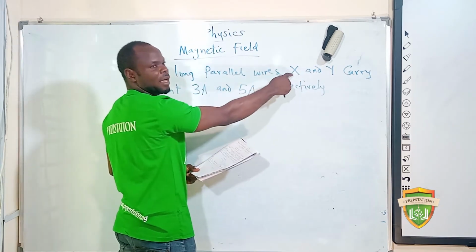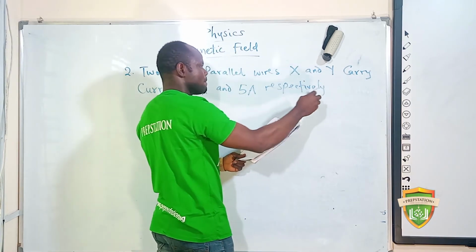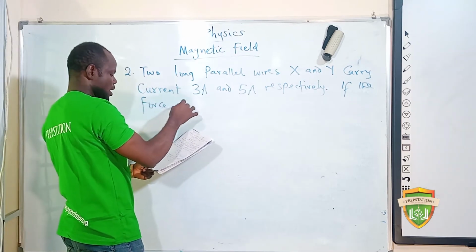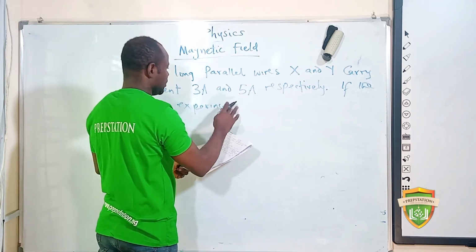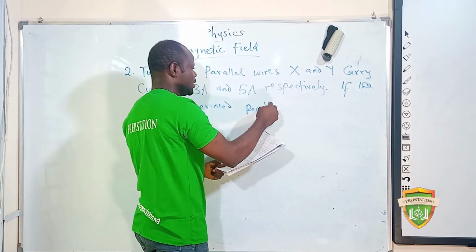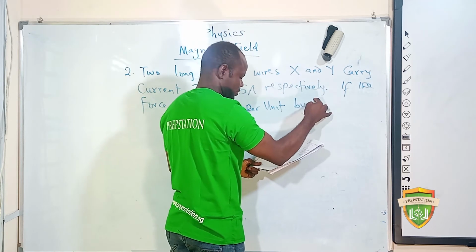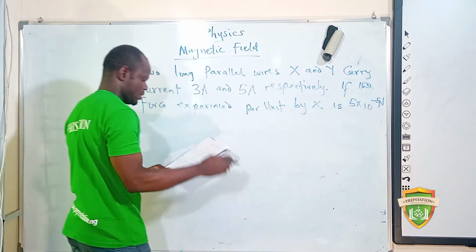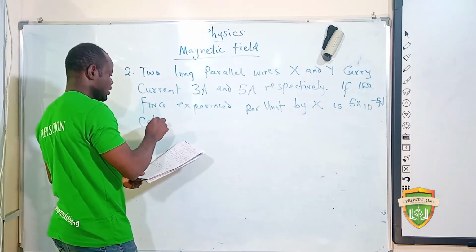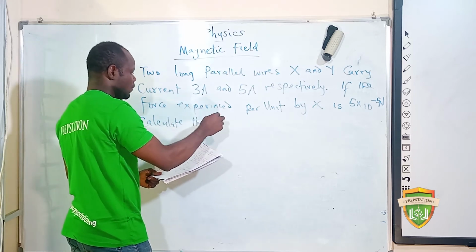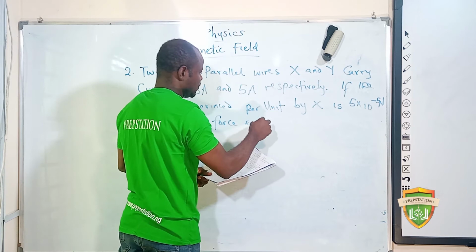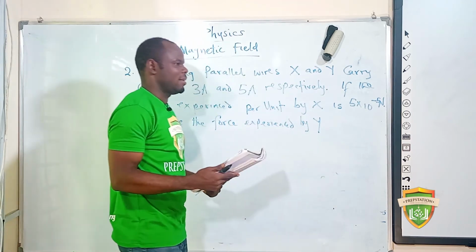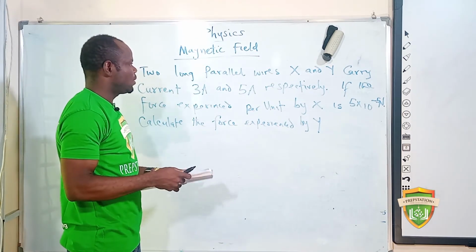That is 3 ampere for X, 5 ampere for Y. Now, if the force experienced per unit by X is 5 times 10 raised to the power of minus 5 newtons, the question is to calculate the force experienced by Y. All right, very simple, but quite technical.